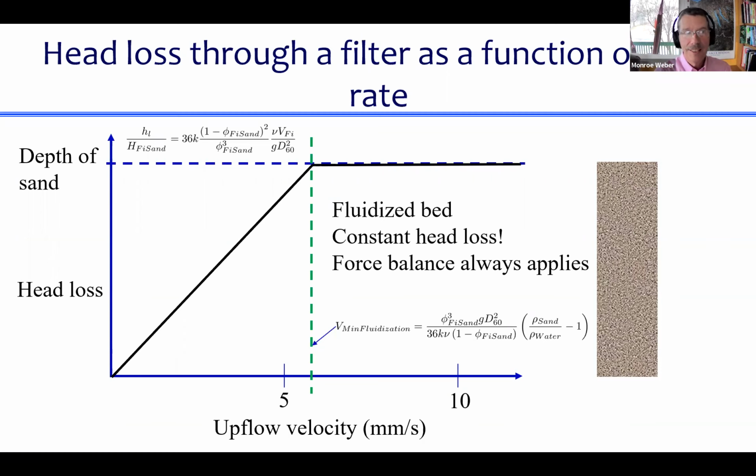But what happens eventually if you keep on increasing the velocity of water up through that sand? Anyone, be bold. But can you think of something else that changes if I keep on going faster?